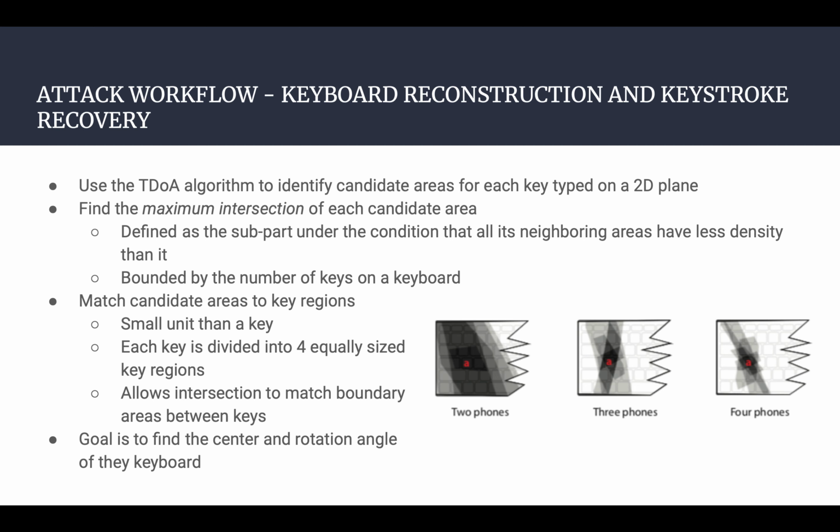So they're looping through each of those intersection areas and then looping through each of the key regions on the keyboard for each of those intersections.